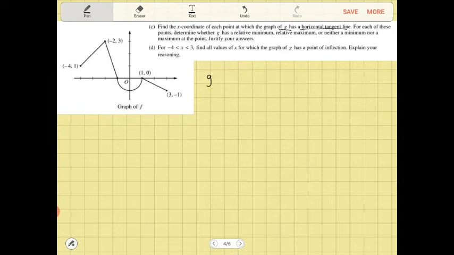Okay, so how do we know when a function has a horizontal tangent line? What does that mean? Horizontal tangent line means that something is 0. It means that the derivative is 0. So the derivative of the function g is just f of x, right?